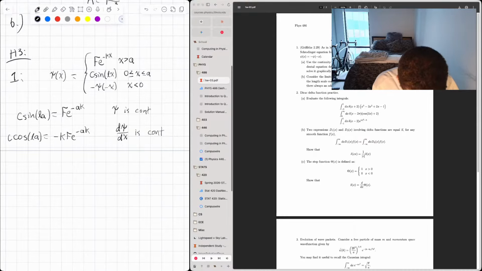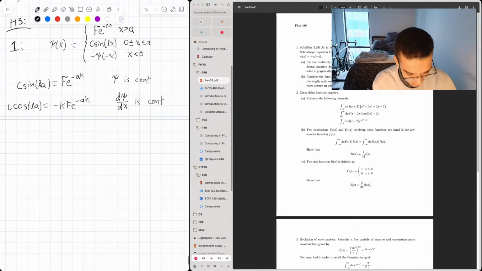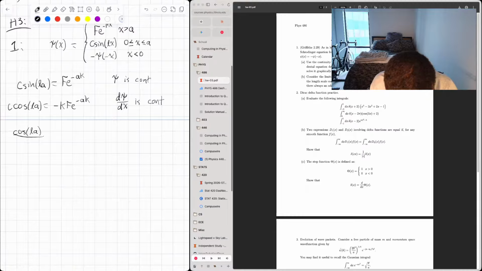Yeah. And so now we have to divide both equations. We'll divide the derivative by the normal function. So we'll just get L cosine LA by sine LA equals minus K.